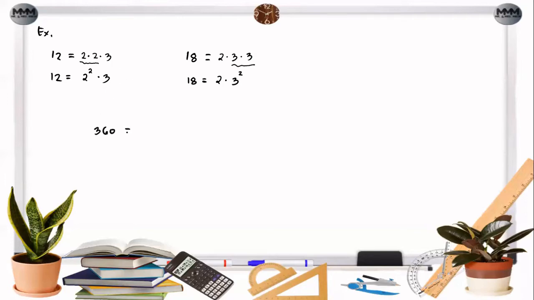So 360 can be written as 2 times 2 times 2 times 3 times 3 times 5. And another representation for 360 is 2 cubed times 3 squared times 5. So as simple as that.